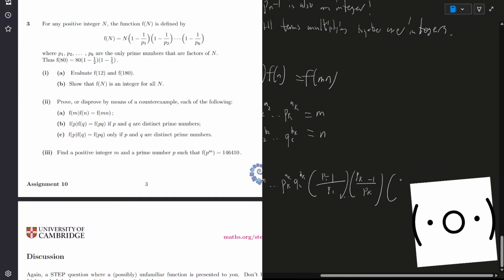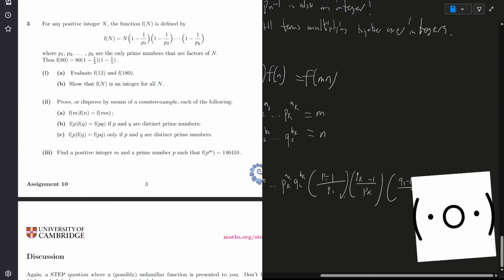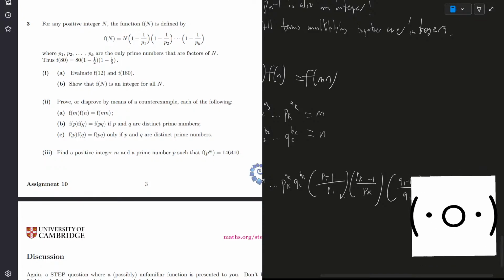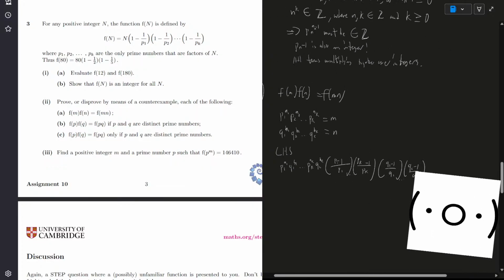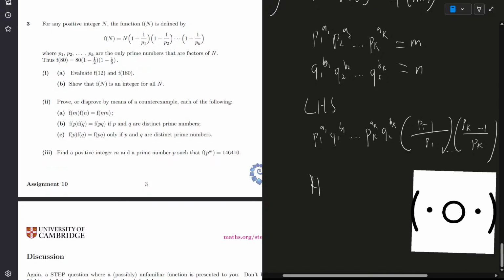This, and then it's q1 minus 1, q1, q2, this is qk, no, it's qc. Ah! qc minus 1, qc. Done. Okay, that's the left hand side. Right hand side.